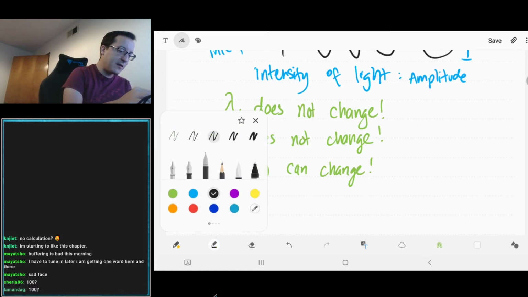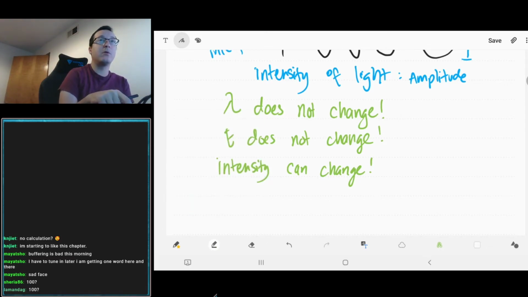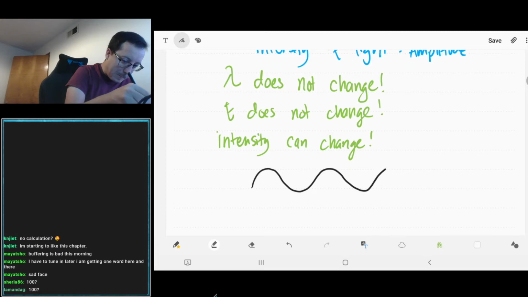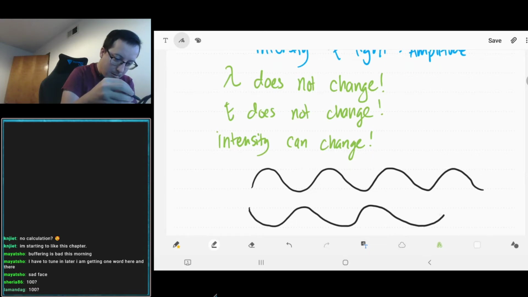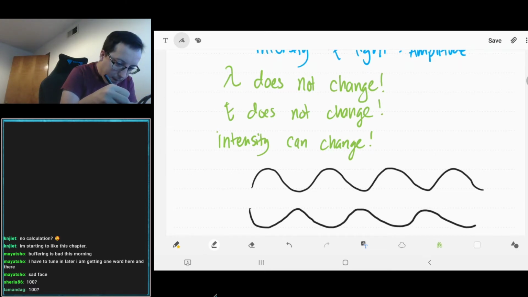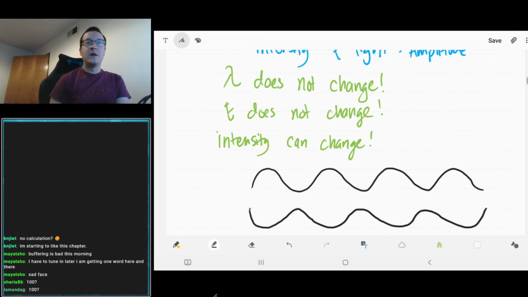Let's see what happens if we try and add up waves that are out of phase with each other. So here we go. Oh dear. Let me try that again. Okay, there we go.